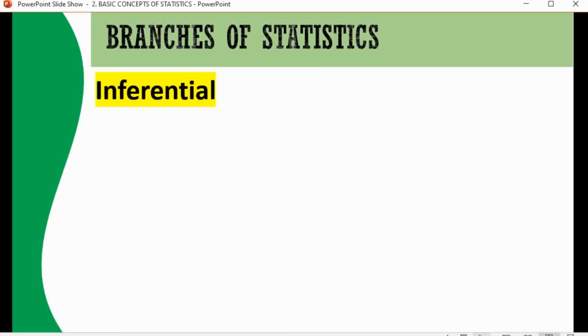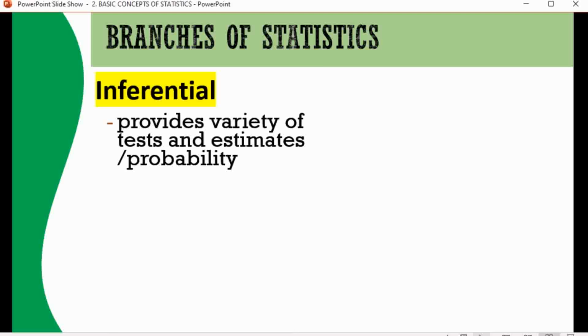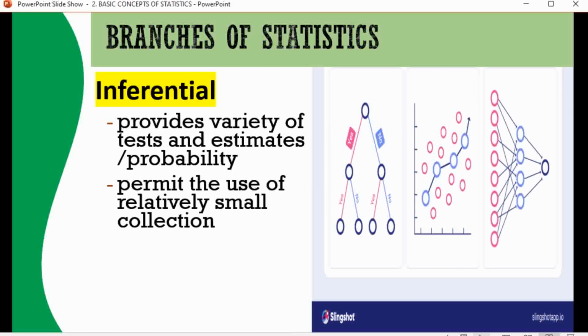The next branch is what we call inferential statistics. This type of statistics uses tests and estimates probability. What we focus on here is the sample of the population.